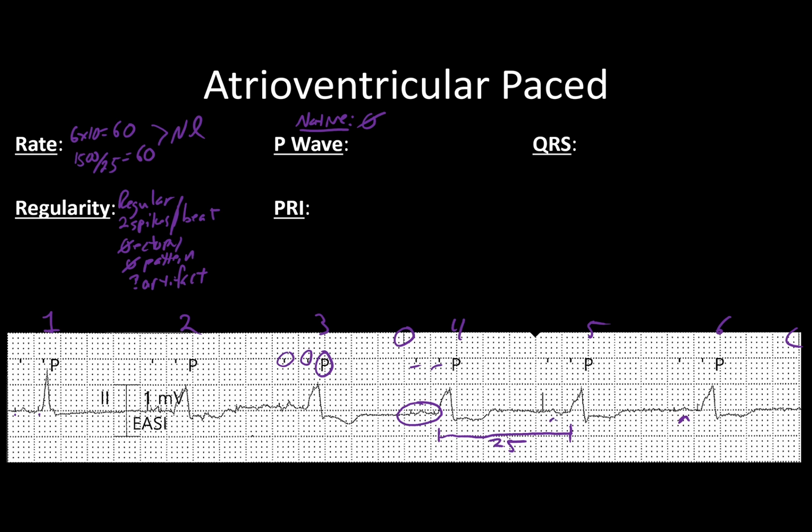Number 6 has one, 5 has one, 4 has a little bit. Number 3 might, but that's a bit of a question considering all of the artifact. Beat number 2, it's difficult to tell, but I think that could be some. And then beat number 1, it's actually fairly easy to see. They're not uniform.